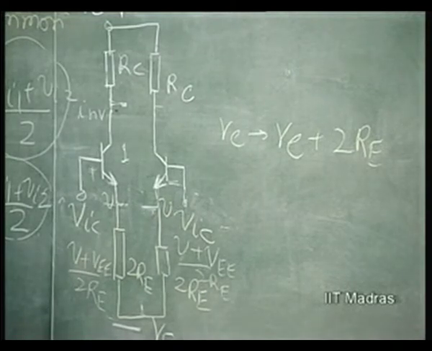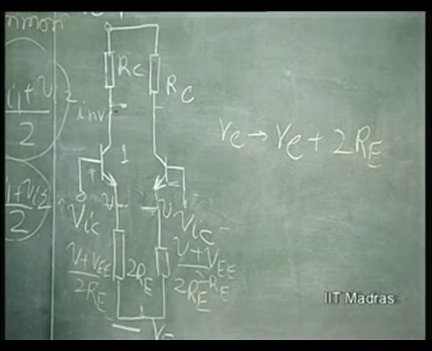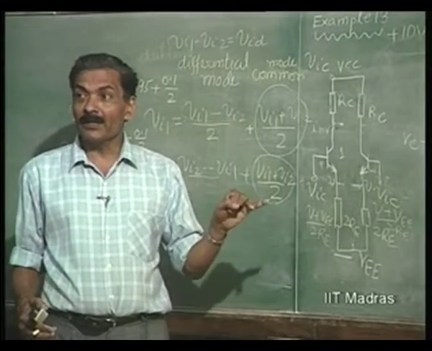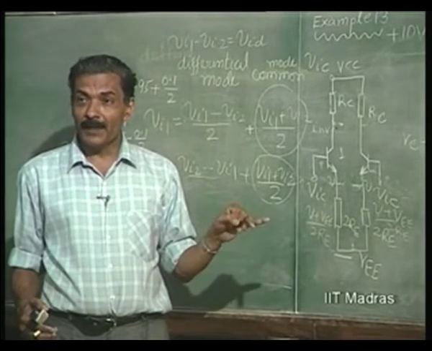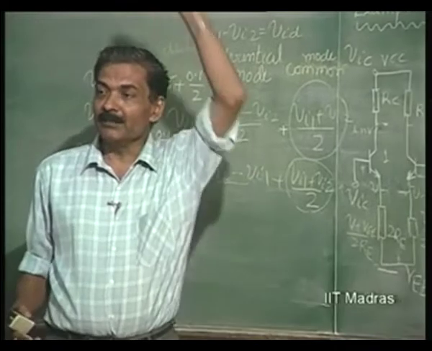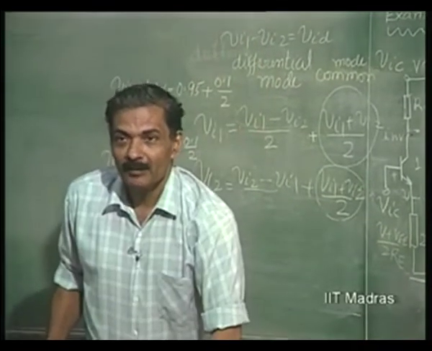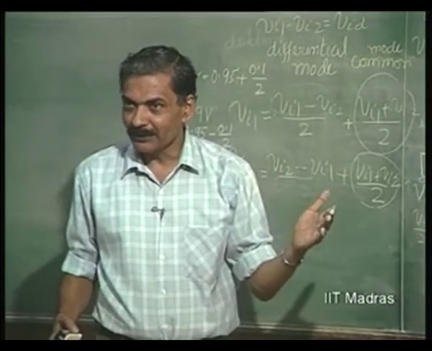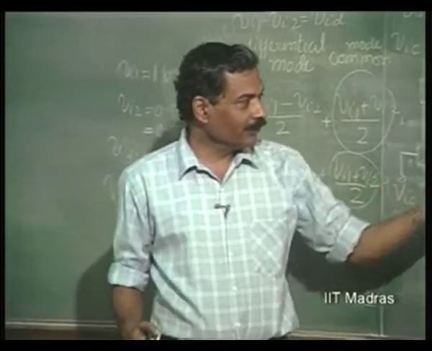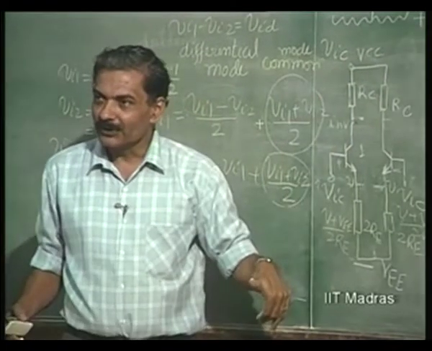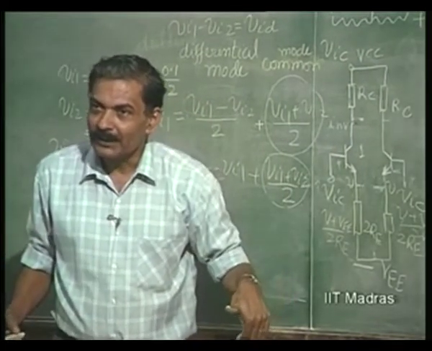The rest of the analysis is the same as that of the common emitter amplifier. That means, what is the GM of this single structure? Earlier it was 1 over small RE, now it is 1 over small RE plus 2 times capital RE. That means GM is drastically reduced, because capital RE is huge compared to small RE, and therefore, the GM of this stage is drastically reduced for common mode gain.